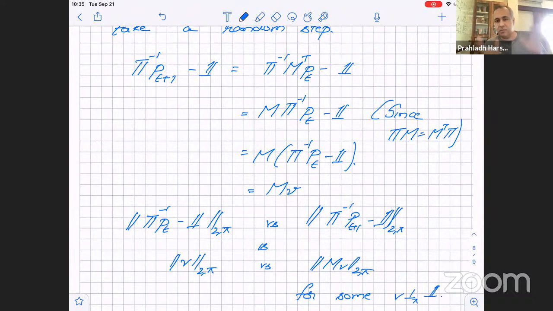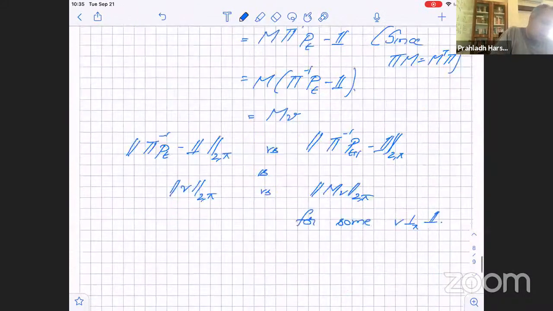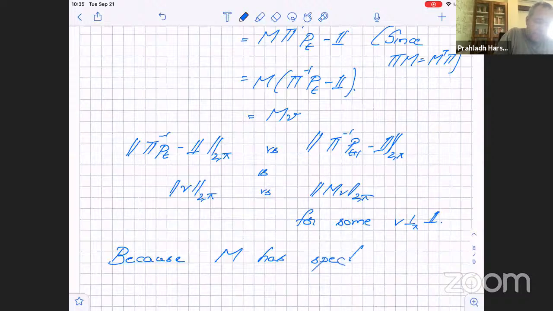That's all it is. These two quantities are just these two. So it shrinks by a factor, and you know that M has spectral gap 1 minus lambda.